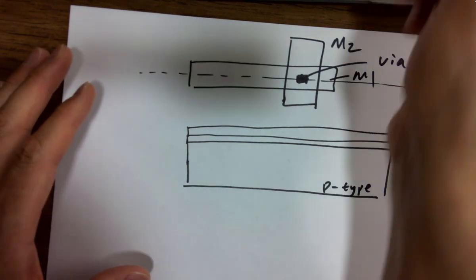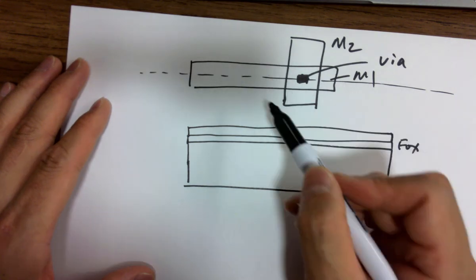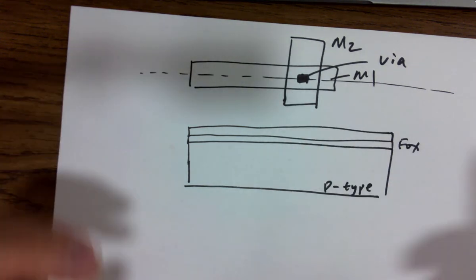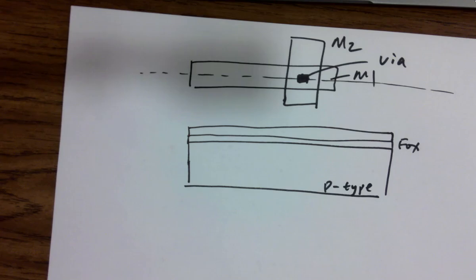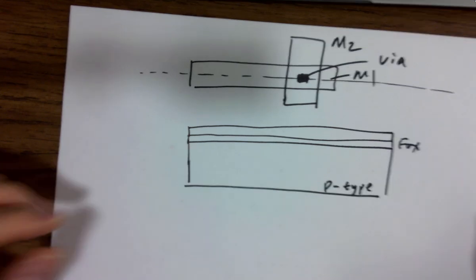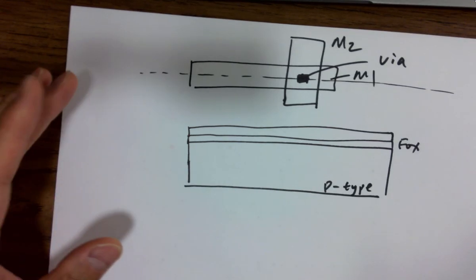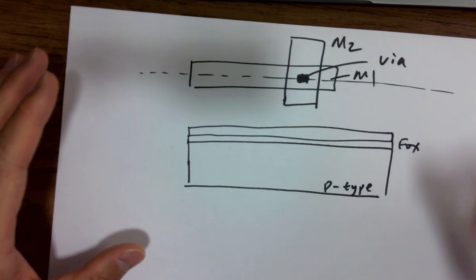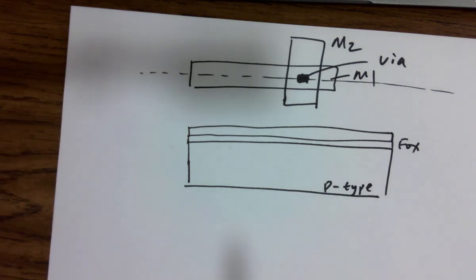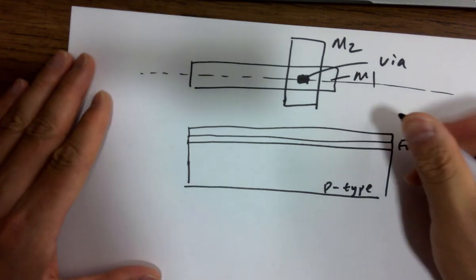Even though this area of the circuit doesn't have poly, it doesn't mean you don't have poly somewhere else. And even if you don't have poly anywhere, the process will still deposit an insulator on the top of the Fox. It's a standard process. All the layers will exist. Doesn't matter if you have some traces in that layer or not. The insulator will exist. So that's the poly.